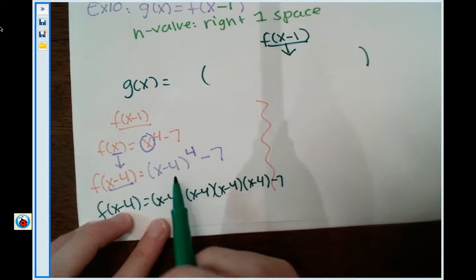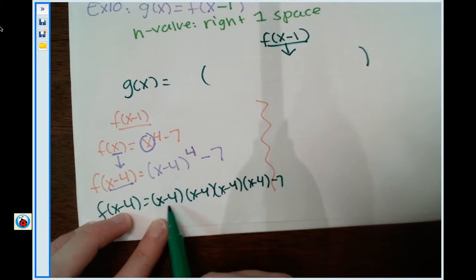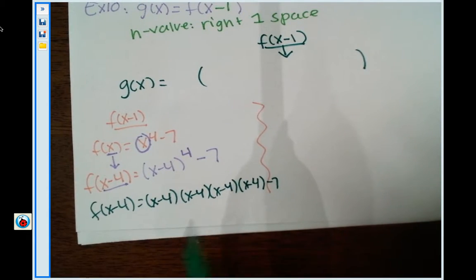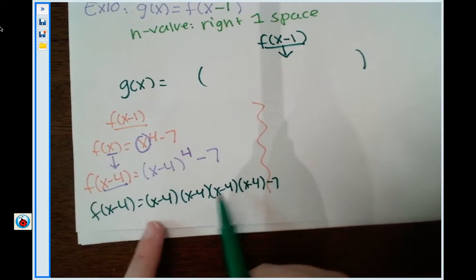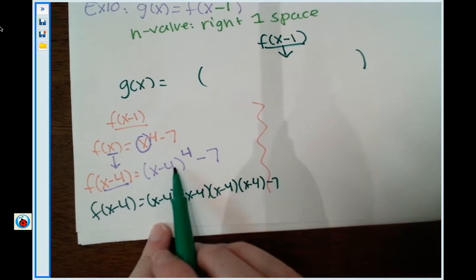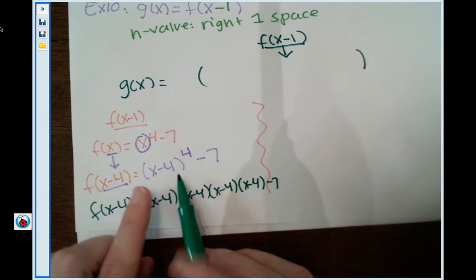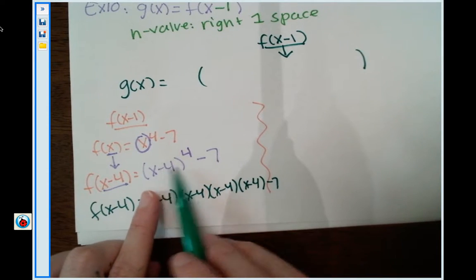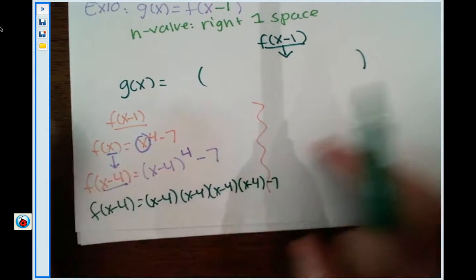If I made you multiply all that out, you'd have to distribute all that, which I'm not going to make you do. I'm not testing you on whether you can distribute. I just want to know if you can solve using transformations. So if you have a binomial raised to an exponent, you can stop where you are.